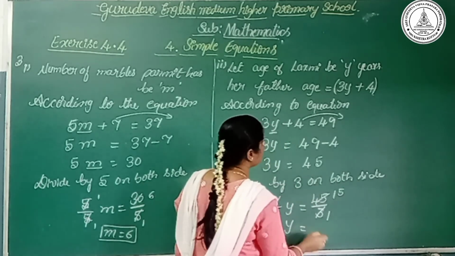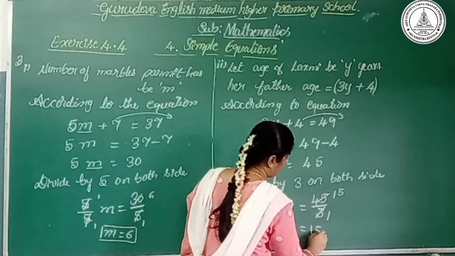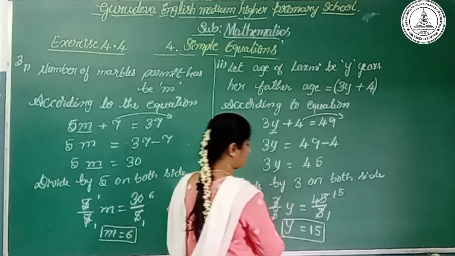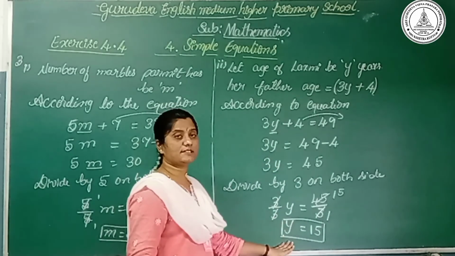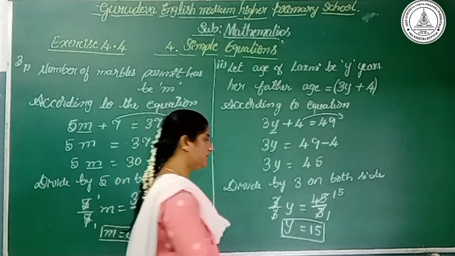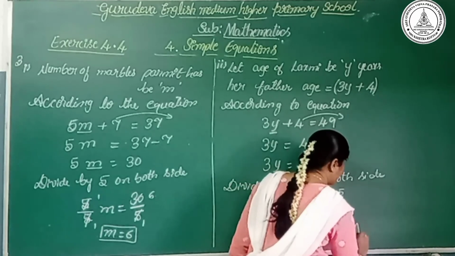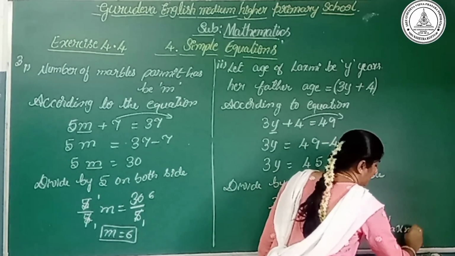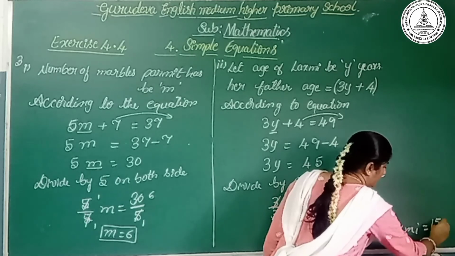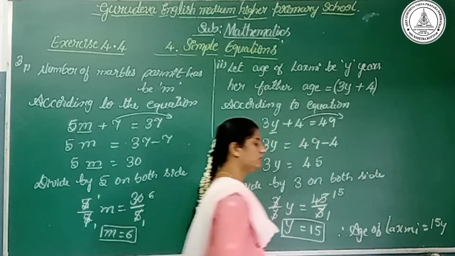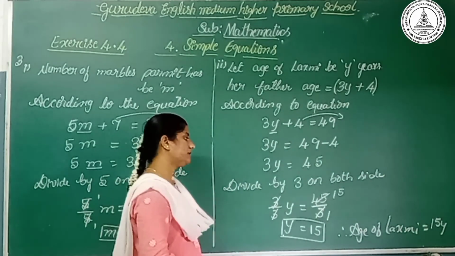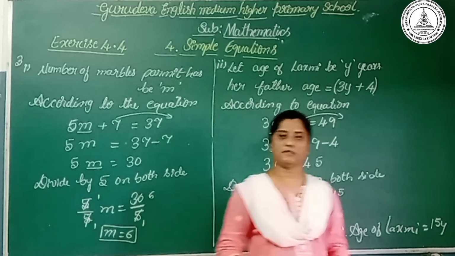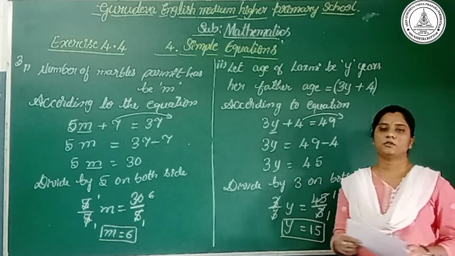Then the age of Lakshmi is equal to 15 years. Clear? It is the age of Lakshmi. Therefore, write down: age of Lakshmi is equal to 15 years. Clear? Yes, and the third question is very easy, of the same type. Okay, so I hope you will do it.